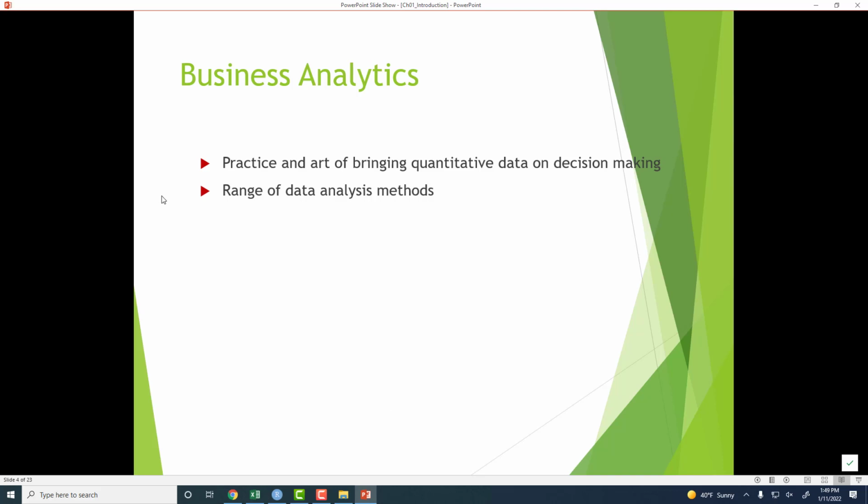And there is a whole range of data analytics methods that come under this rubric of business analytics, and that's the topic of this whole class. So we're going to look at a whole range of methods, and they are classified into some groups, and we will go over what those groups are and what the individual methods are.